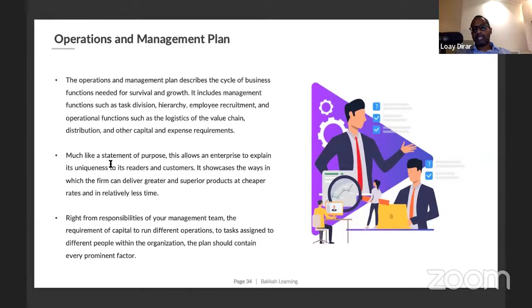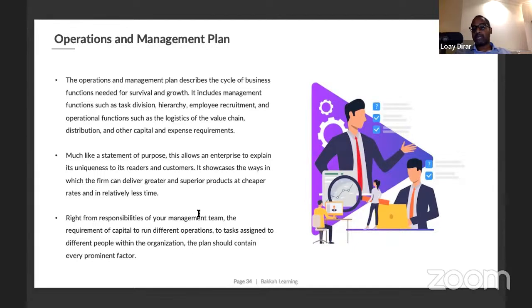Much like a statement of purpose, this allows an enterprise to explain its uniqueness to the readers and customers. And your uniqueness should be part of your strategy, your main reason of existence, why you are existing in the market and why you're going to serve your customers, because you are delivering something unique and everyone is very excited about either buying it or using your service.